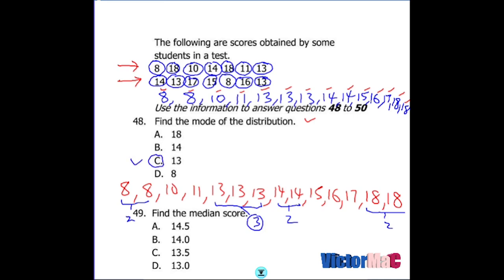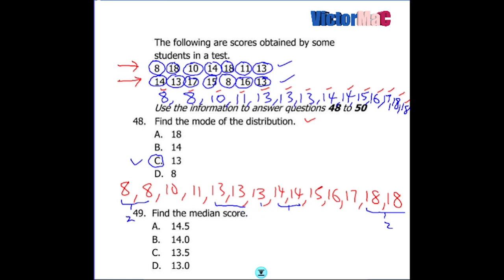And then for question 49, the median. We've already arranged in ascending order of magnitude. You can try to do it in descending order, but since we have 14 numbers altogether, definitely the median will be the average of the 2 middle numbers. It is the average of the 7th term and the 8th term.